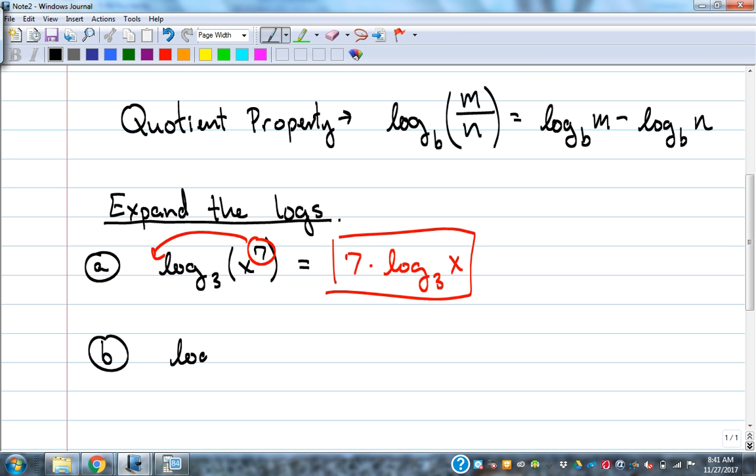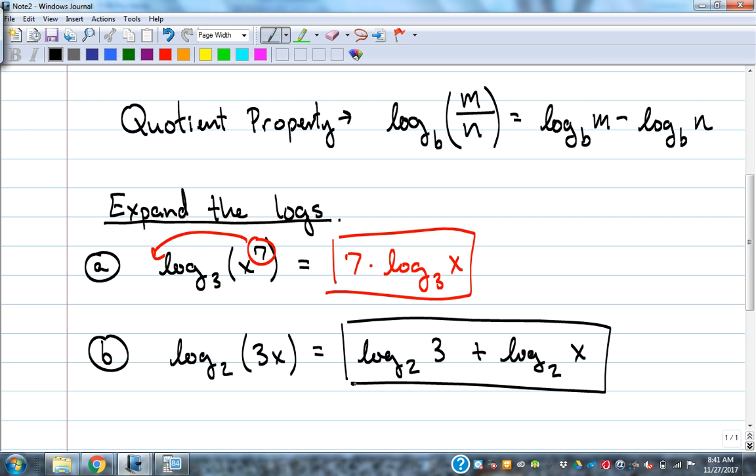Log base 2 of 3x. We're going to expand that. So if we're asked to expand a logarithm, we need to think what operations are going on on the inside. What operations going on the inside here? Multiplication, which turns into addition. So we have log base 2 of 3 plus log base 2 of x.